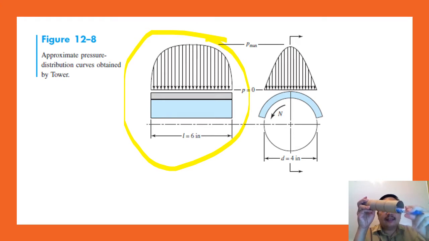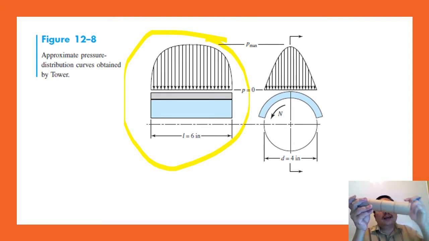Suppose the position is the up position, like this picture given in figure 12.8, but it actually goes through all positions. The picture in figure 12.8 gives the impression that the shaft is in the up position, and the pressure distribution goes up like that, like this picture on the left.